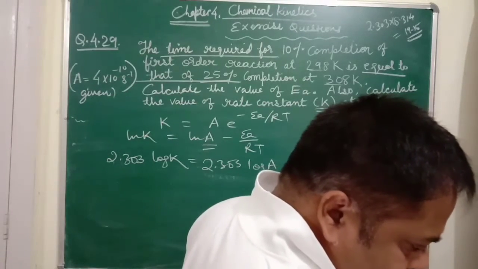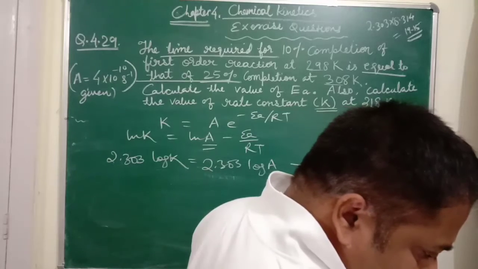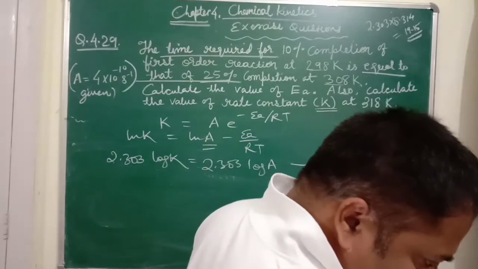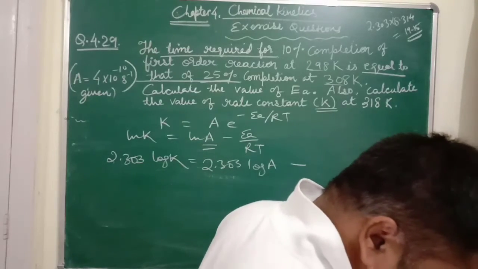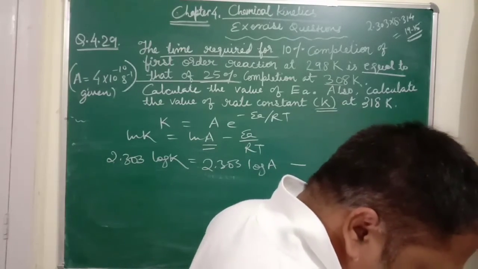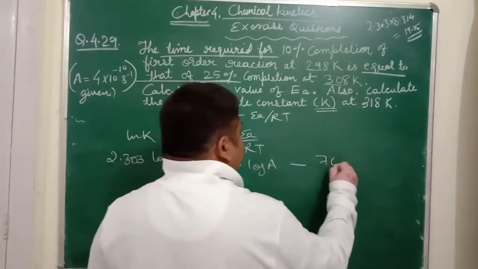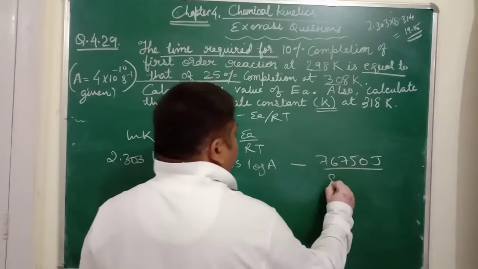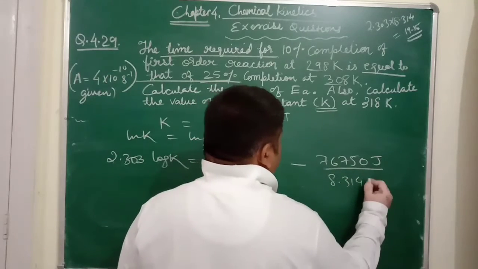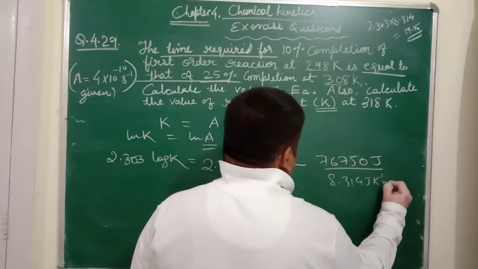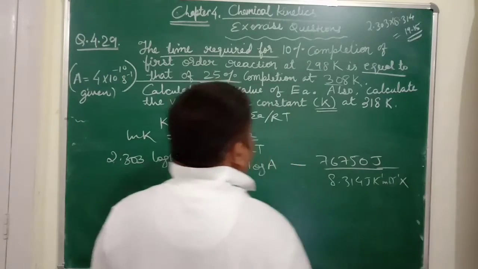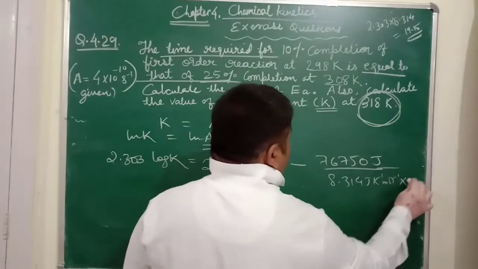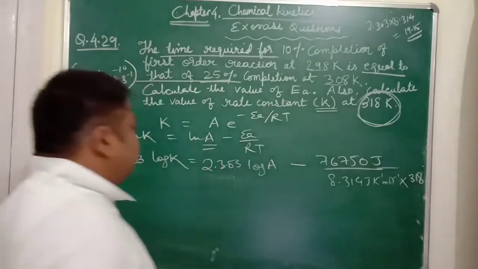The value of Ea was 76750 joule divided by 8.314 joule per Kelvin per mole multiplied by the temperature, which is 318.